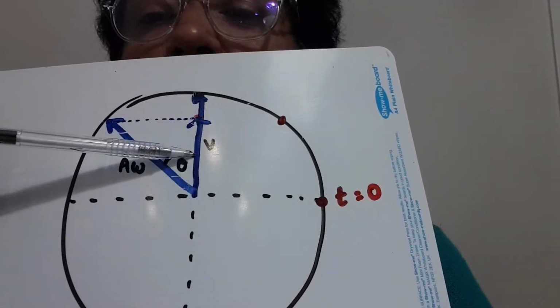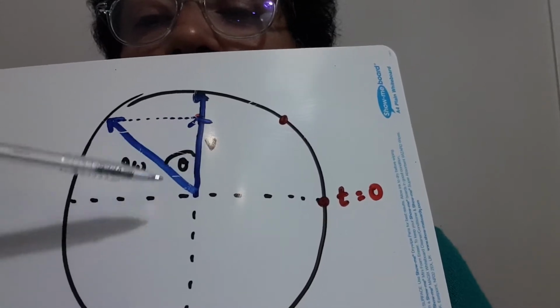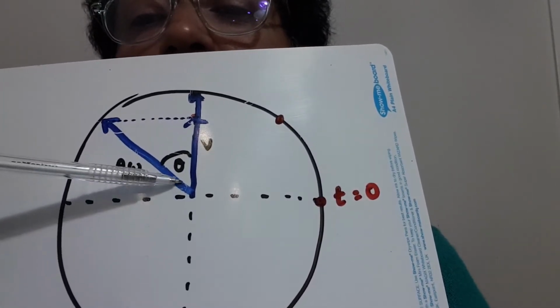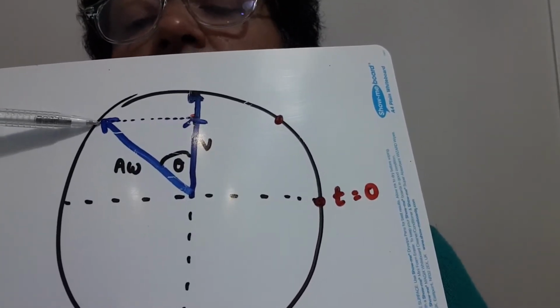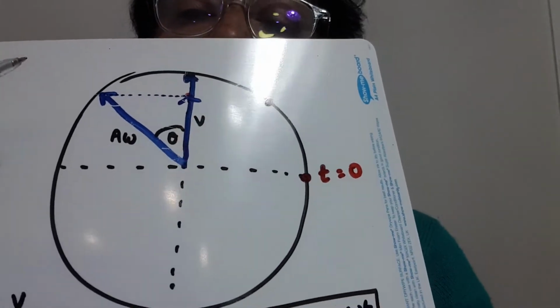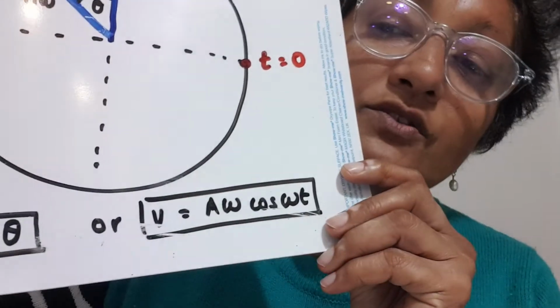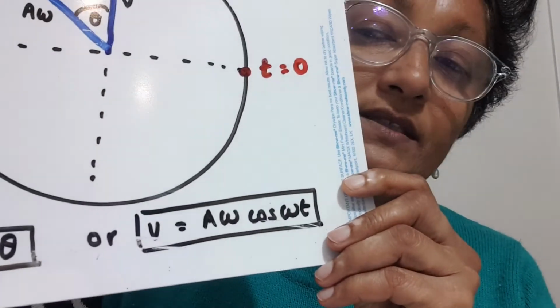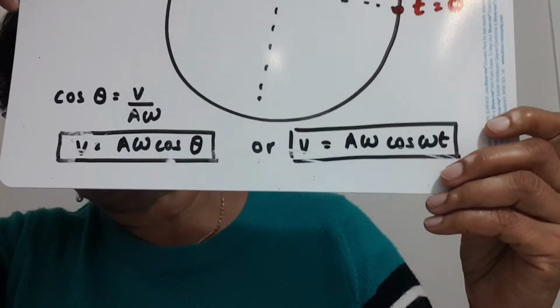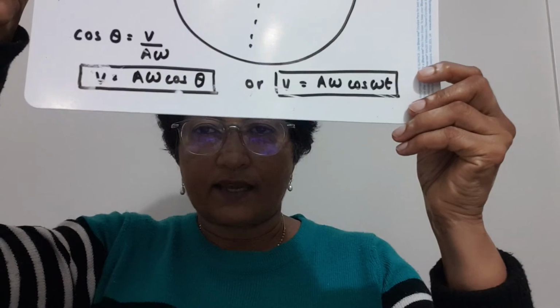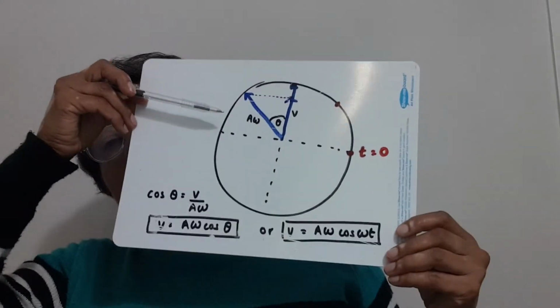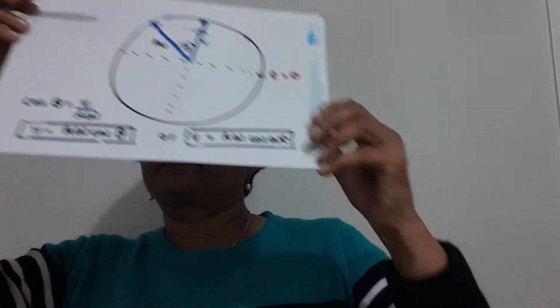And so you have cos theta is v over omega A. Omega A is the constant speed of your reference particle. So you end up with v is equal to A omega cos theta, or v is equal to A omega cos omega t. So that's your equation for velocity.